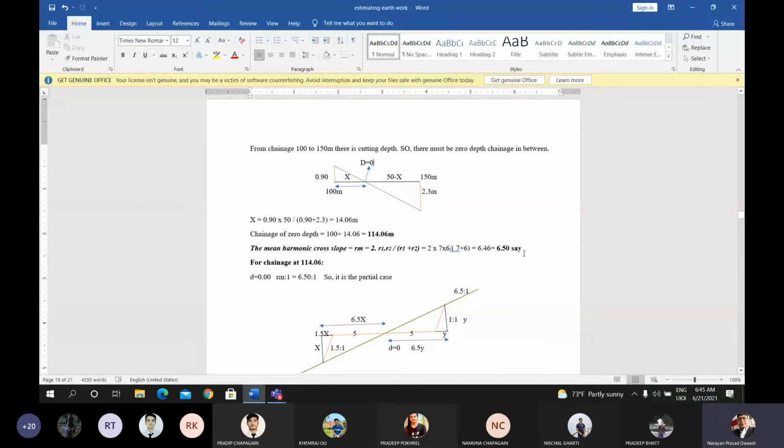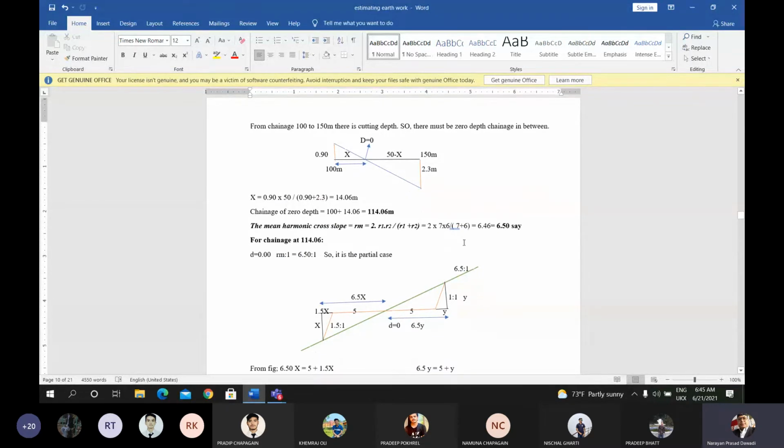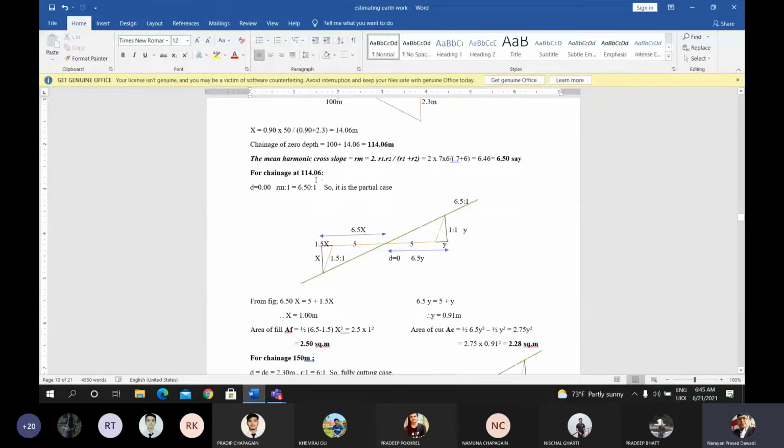Using this slope, 6.5 multiplied by 0 into 6.0 value is less than the half width of the road. So this is the partial case, having depth equal to 0. So for the chainage 114.06 meters, d is equal to 0, rm is equal to 6.5:1. So it is the partial case.